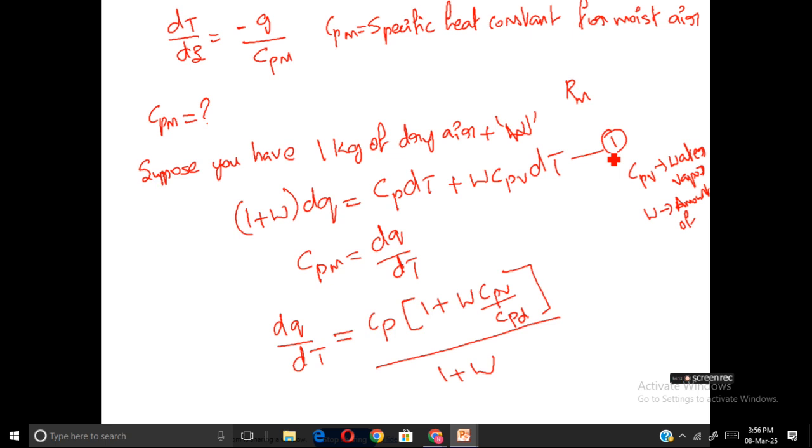Cpm is basically dQ by dT. So if we divide the whole equation by dT, we get dQ by dT is equal to Cpd into (1 plus W Cpv by Cpd) divided by (1 plus W), where W is the mixing ratio.